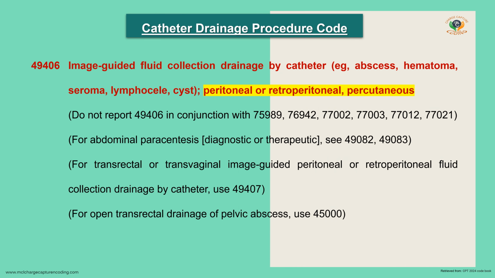For image-guided fluid collection from percutaneous of peritoneal or retroperitoneal collections, report CPT code 49406. Peritoneal, that which relates to the peritoneum, is the serous sac that consists of mesothelium and a thin external layer of irregular connective tissue that lines the abdominopelvic cavity and covers most of the viscera in that location.